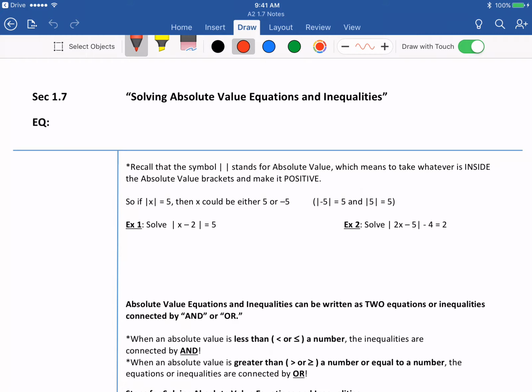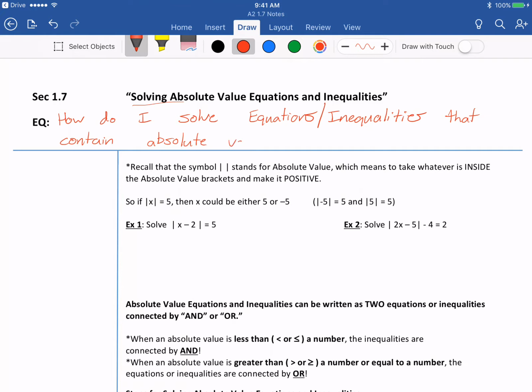Alright, so today we are looking at solving absolute value equations and inequalities. So my essential question for today is: how do I solve equations and inequalities that contain absolute value symbols?